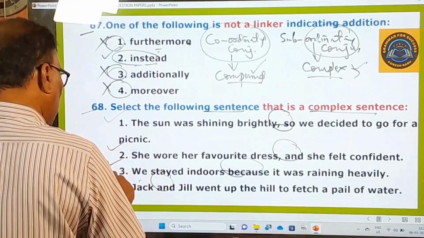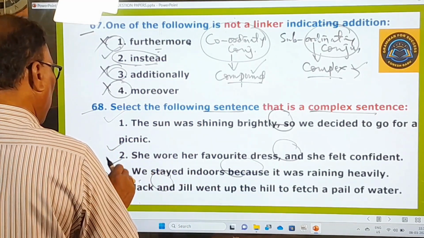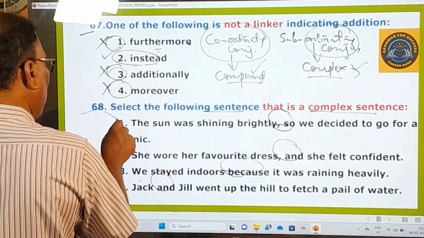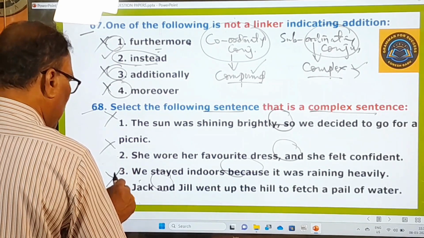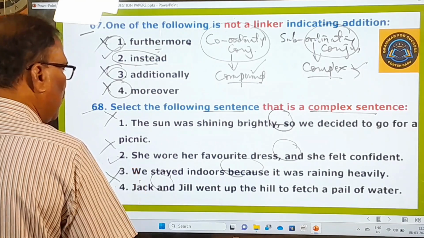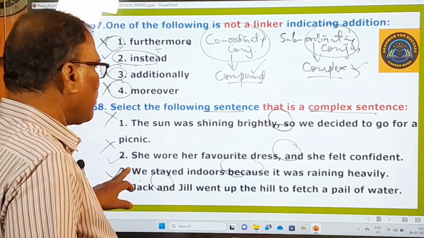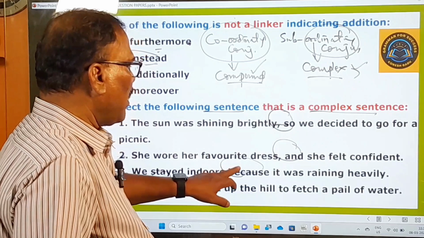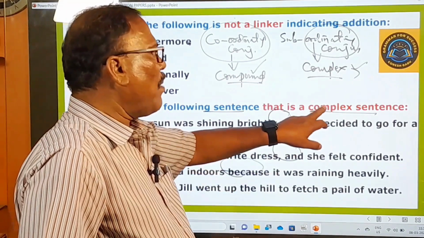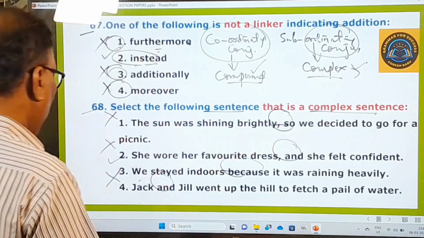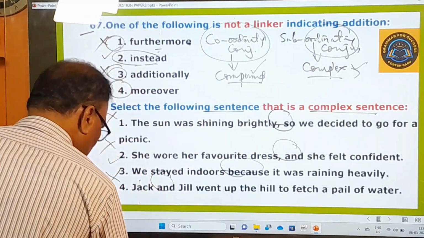So in this way, first one is not the right one, second one is not the right one, and fourth one is not the right one. Only the third one is the right one, because in this sentence only you can find a subordinating conjunction which introduces a complex sentence, right? Now let's move on to the next question.